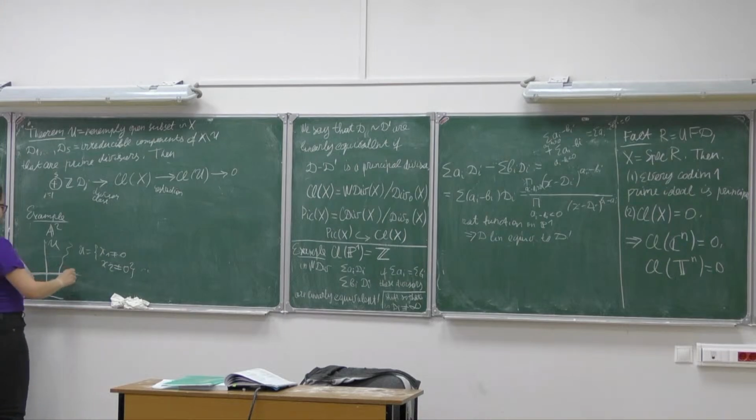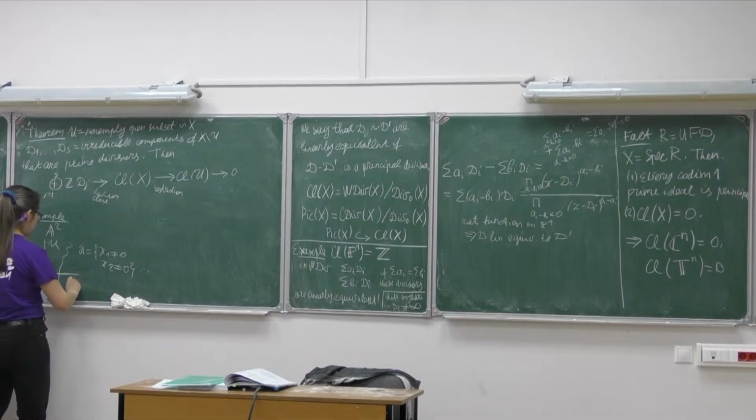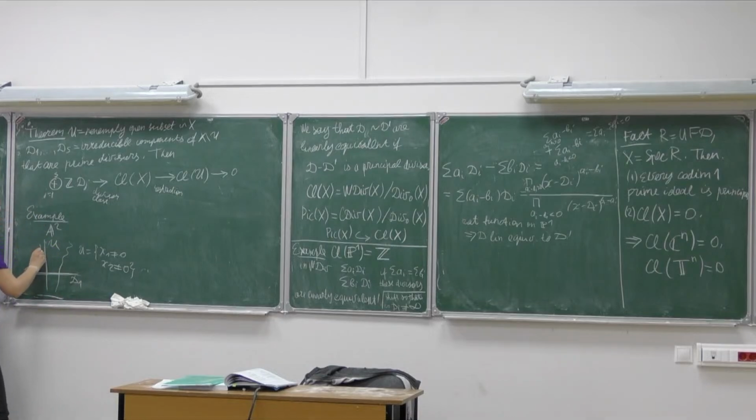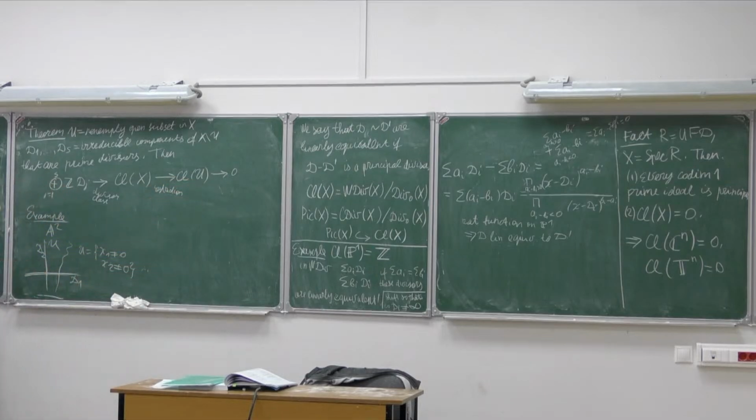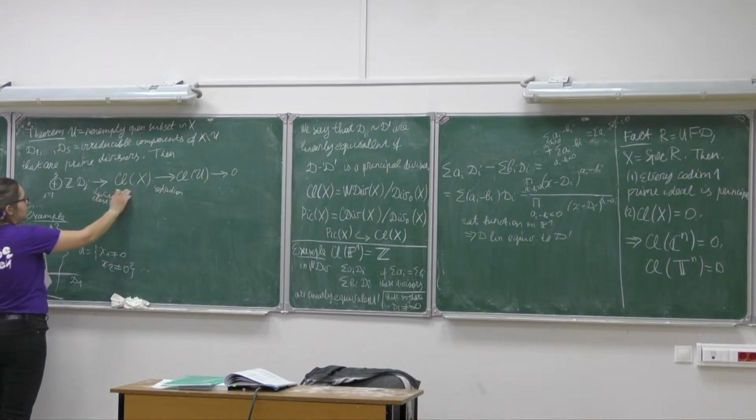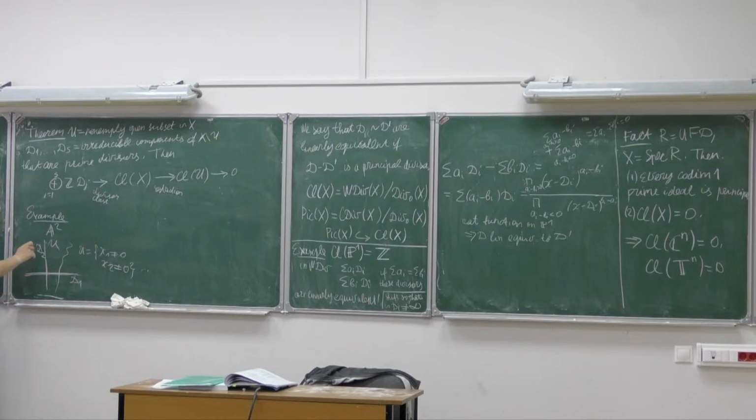So this is D1 and this is D2. If you have a divisor which is somewhere here, which intersects U non-trivially, then we just take the corresponding divisor in U. And if this divisor is supported on D1 and D2, then it will vanish.